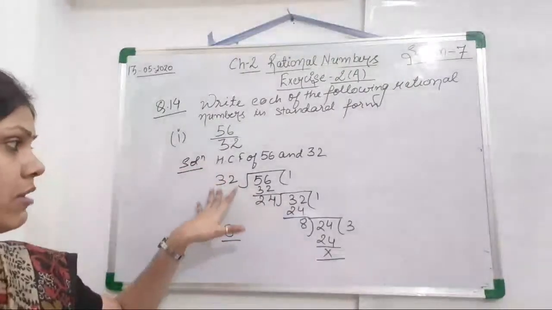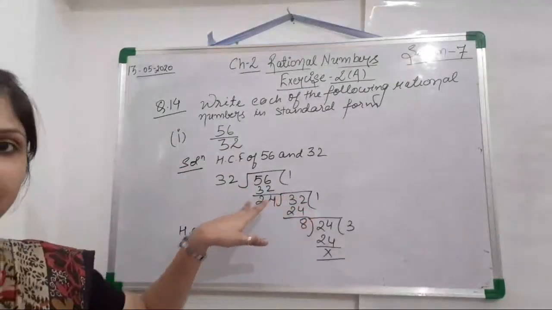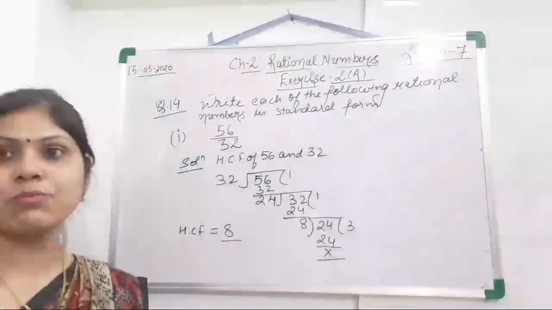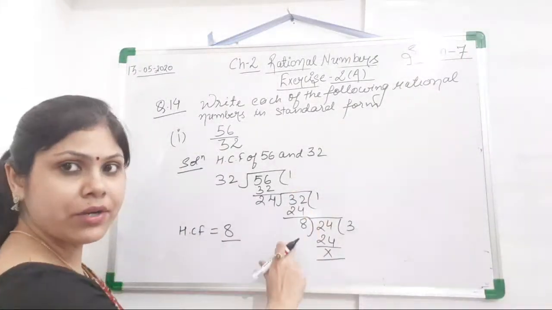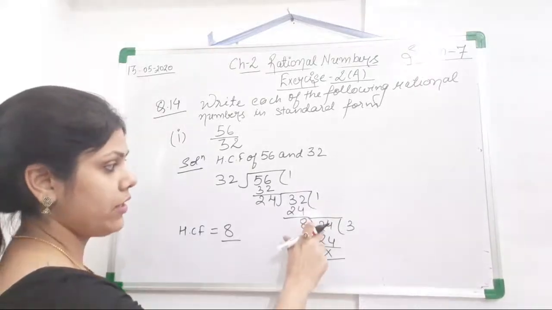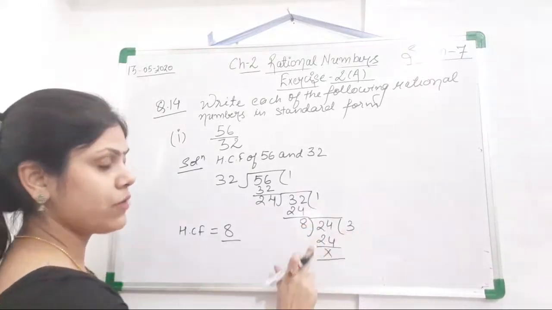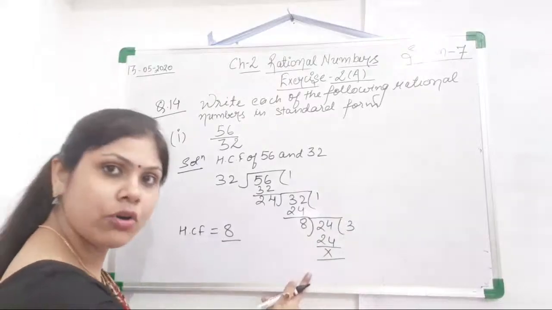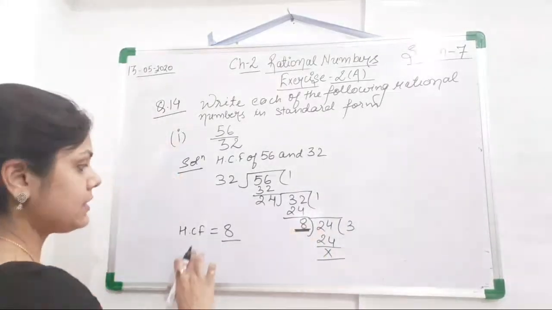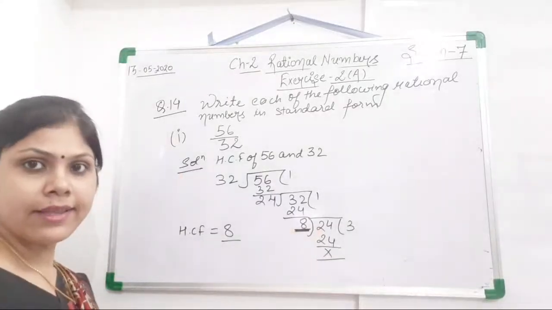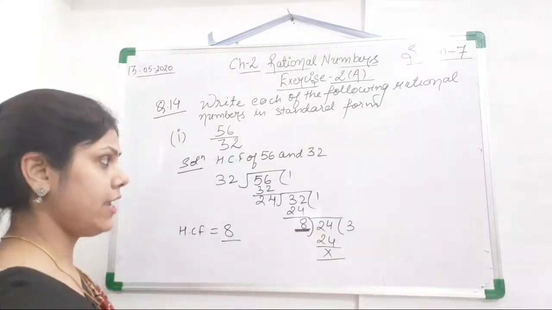That's why this will now become the dividend. Then again we will continue this process. 24 ones are 24. 32 minus 24, 8. Now 24 will go inside. 8 through 24 and 0 remainder. That means the last one will become your HCF, that is 8. Now you got the HCF as 8.